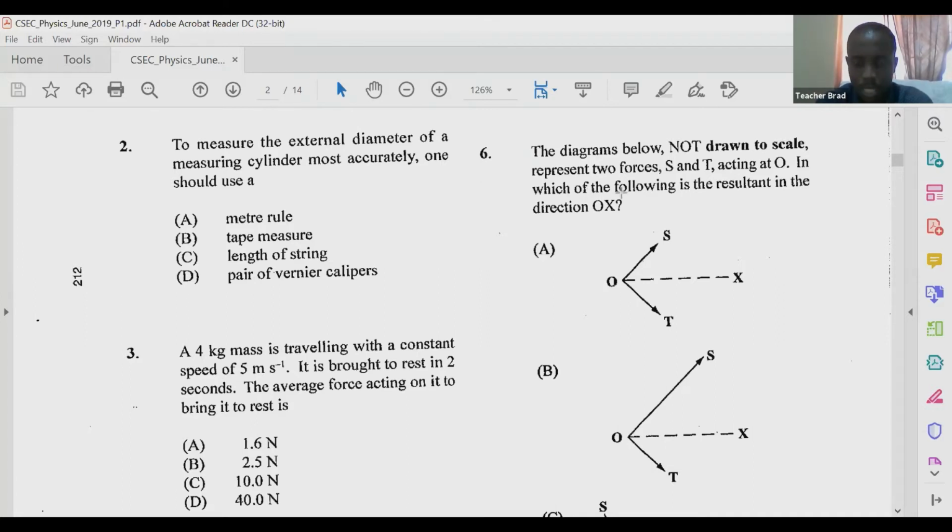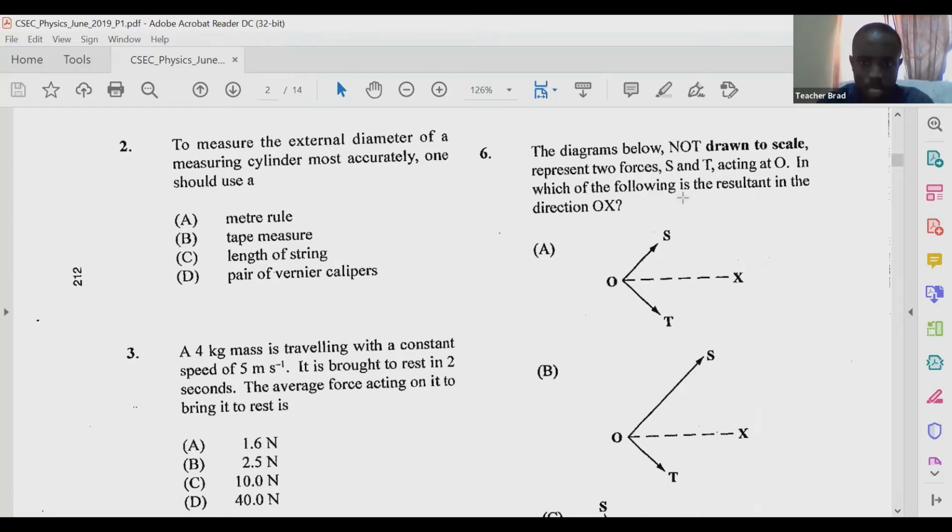So these are vectors and vector additions. So here we have the first one, A, and we're just going to look at these vectors. These vectors are joined tail to tail. So S is going from O in a northeast direction. And then T is in the southeast direction.